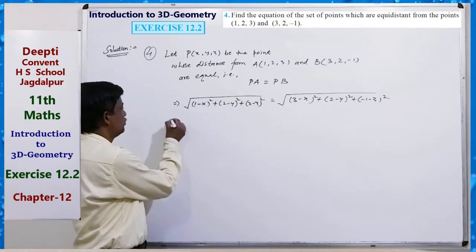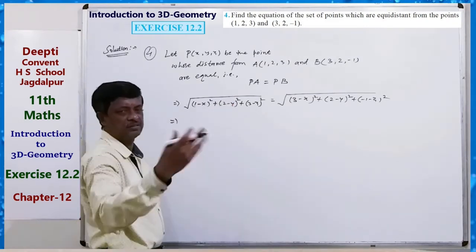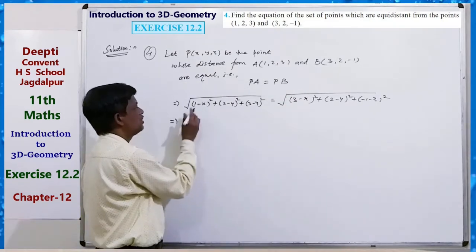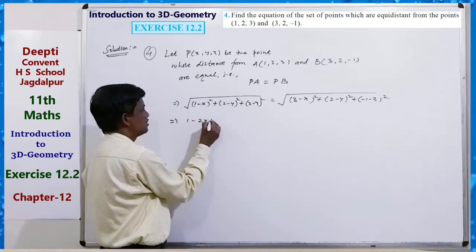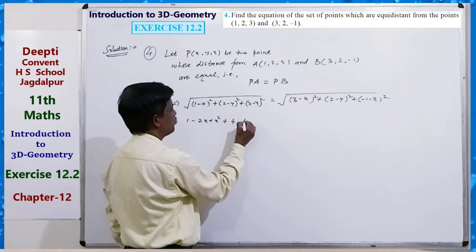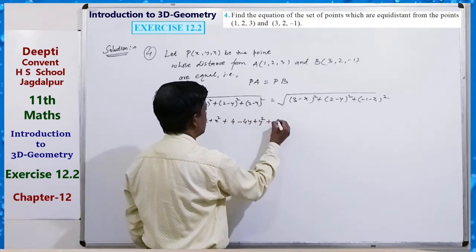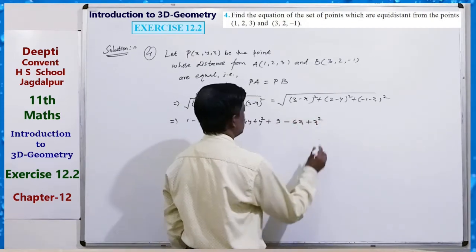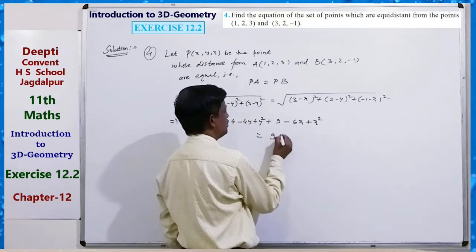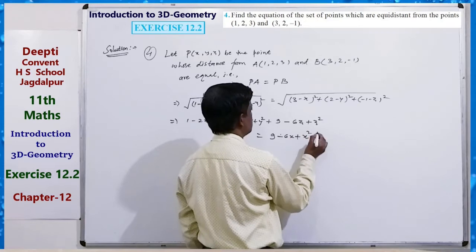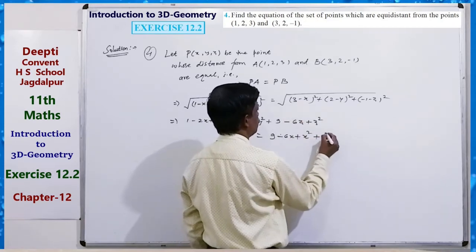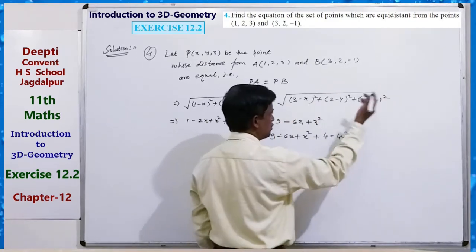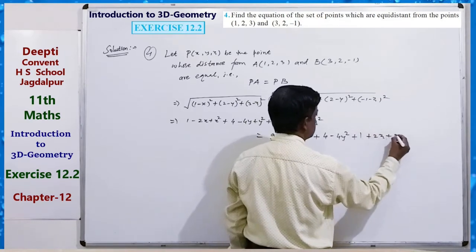Squaring on both sides and expanding: 1 minus 2x plus x square, 4 minus 4y plus y square, 9 minus 6z plus z square equals 9 minus 6x plus x square, 4 minus 4y plus y square, 1 plus 2z plus z square.